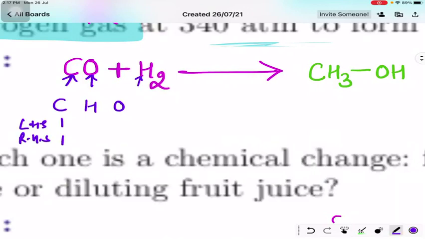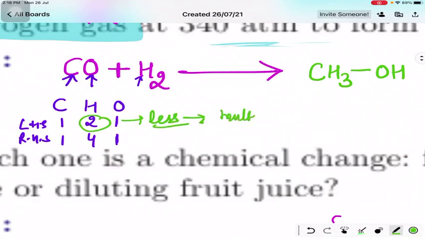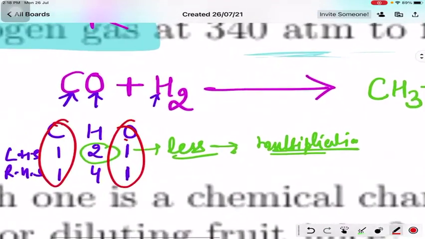Hydrogen on the left hand side is 2, on the right hand side 4. Oxygen on the left hand side is 1 and on the right hand side also 1. So we just have to balance the number of hydrogen atoms, because they are fewer on the left hand side. It means we have to multiply only on the left hand side. Because carbon and oxygen are balanced, there is no need to do anything with them.